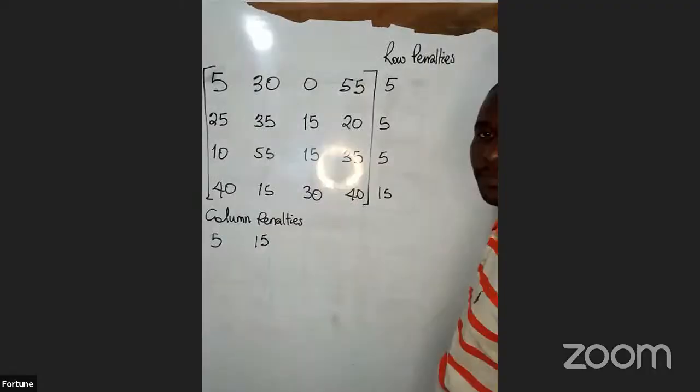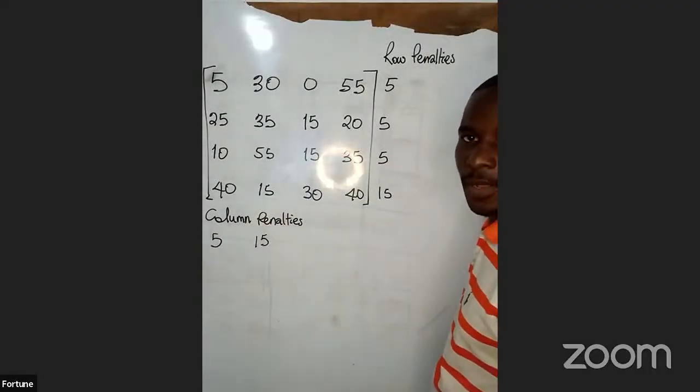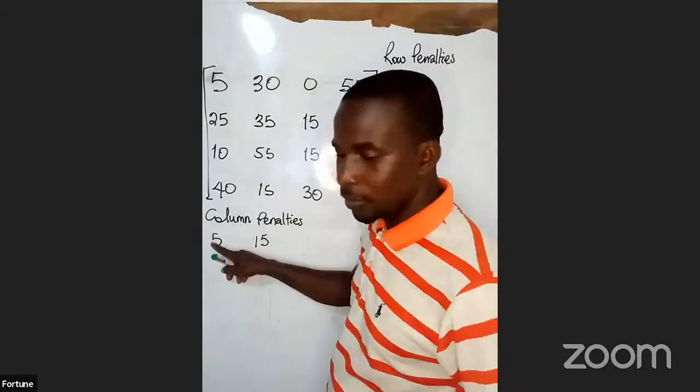Sir, question. The column reduction that we did, the 5 that you wrote over there. The original reduction that we did, is it not 0 over there? When you check 10, 40.